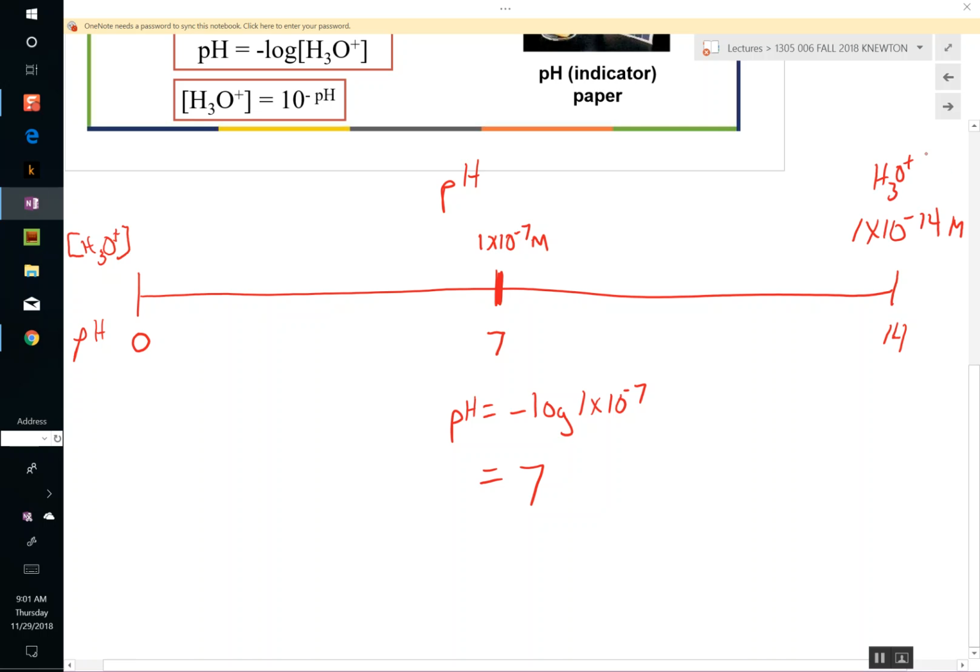That's really, really low. That's 1, 2, 3, 4, 5, 6, 7, 8, 9, 10, 11, 12, 13, 14. Almost 0. So at a pH of 14, there's almost no hydronium ion. It's all hydroxide ion. Down here, towards 0, you have very high hydronium ion concentration, very low hydroxide.